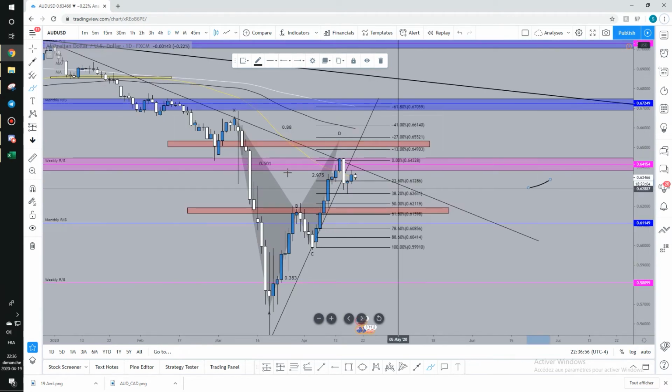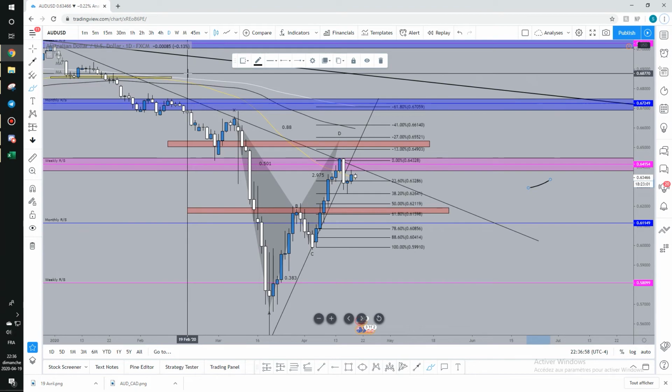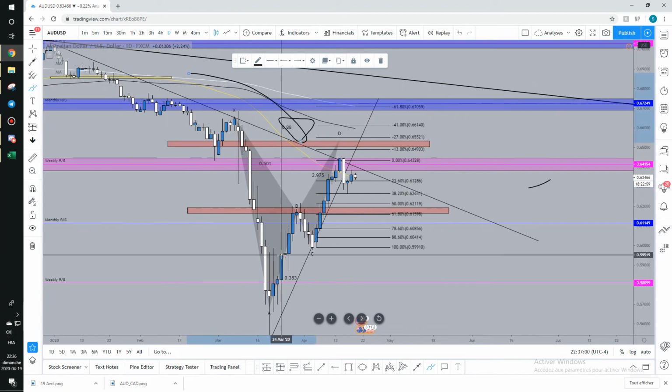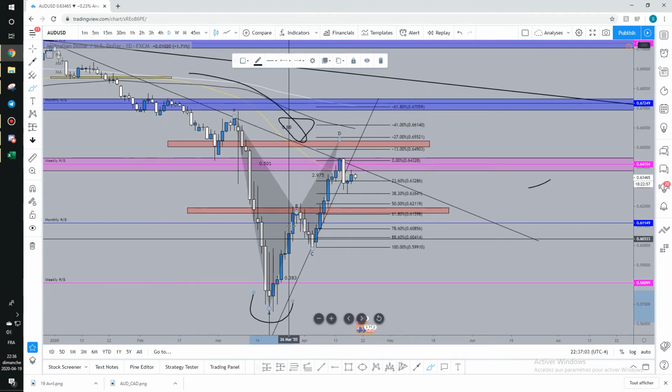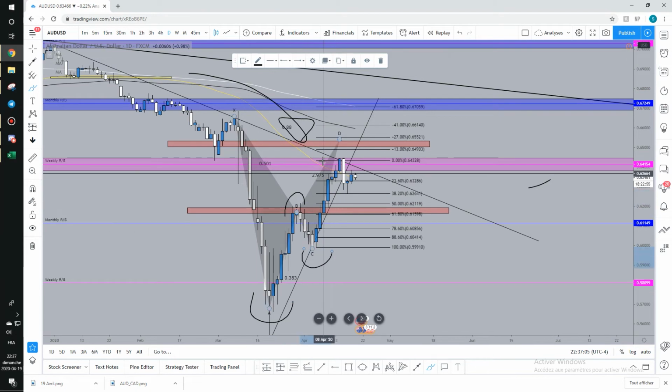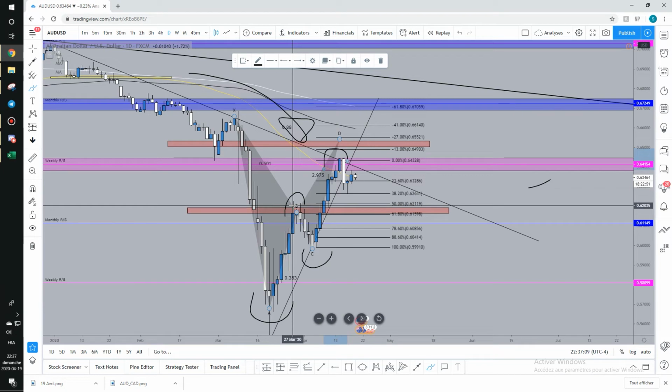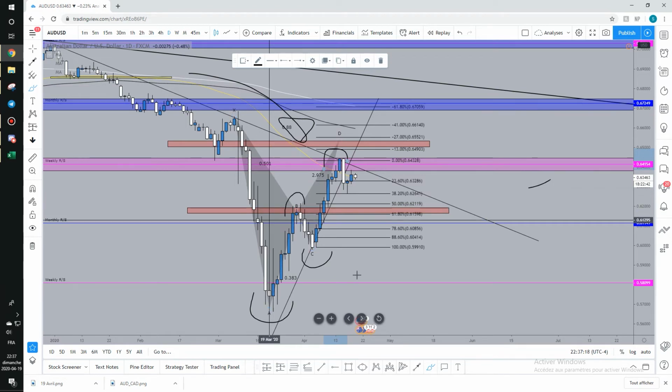So now that we are on the daily time frame, you can see that the trend is currently bearish, but we are making bullish structures with the higher highs and the higher lows. But since we want to trade the daily move, the weekly move, the daily time frame is kind of our entry time frame.